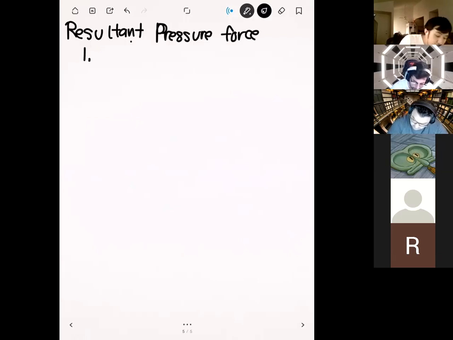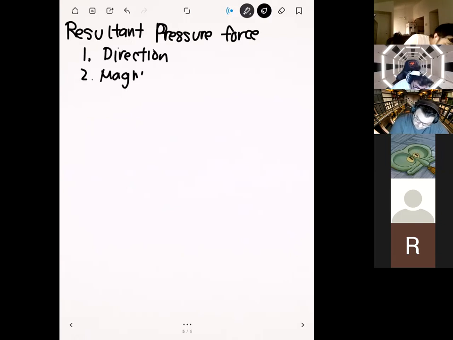This force is going to be a vector, and like any vector, it has its direction, it also has its magnitude, and it also has its location. We're going to be deriving expressions for these three things. Let's start with direction, because direction is the easiest.